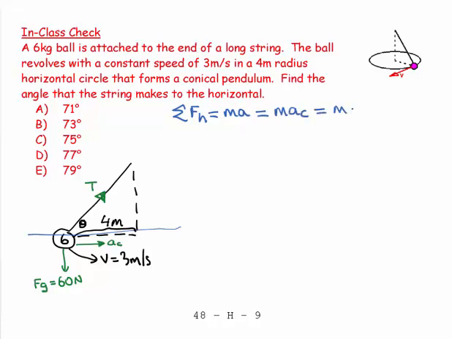Well, I know the value of ac, so it's mv squared over r. And now let's try and put some forces in. My 60 newton weight is perpendicular to the direction of interest, so that has no component. But my tension does.